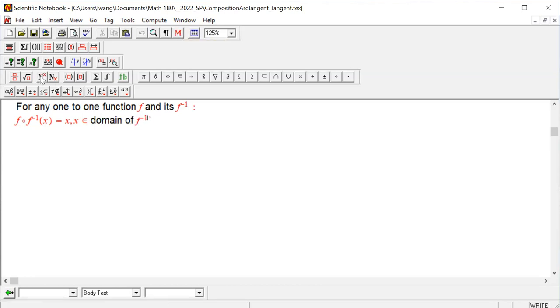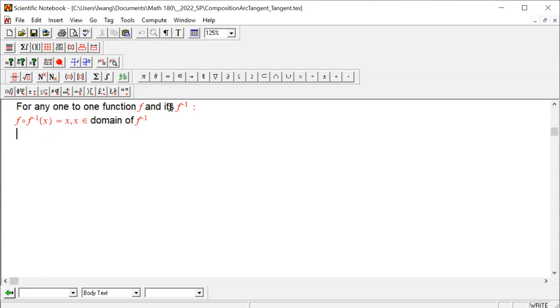Because of the f inverse rule, we know the function's rule. The rule of f inverse applies to x first. Therefore, this x has to be in the domain of f inverse.